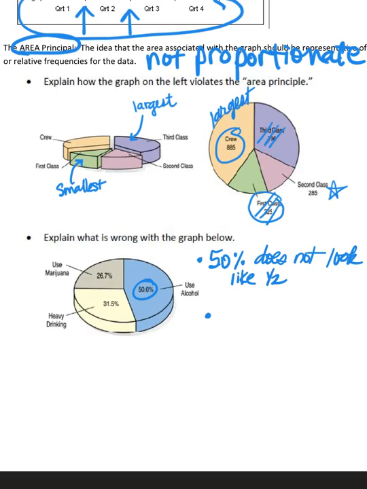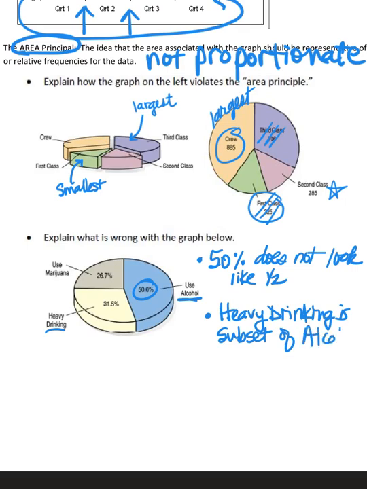Okay, so I'm thinking that we've got this problem here with heavy drinking and alcohol, because heavy drinking is actually a subset, so there's overlap of some sort, it is a subset of alcohol use.